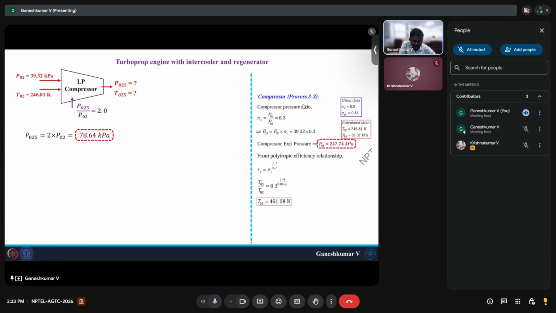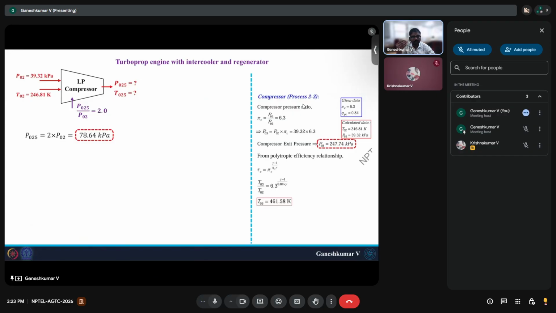Here the difference is that in the problem that we solved in the lecture, we had one compressor across which the pressure is climbing to 6.3. Here it is divided into an LP compressor and an HP compressor, because in between them we are adding the intercooler.